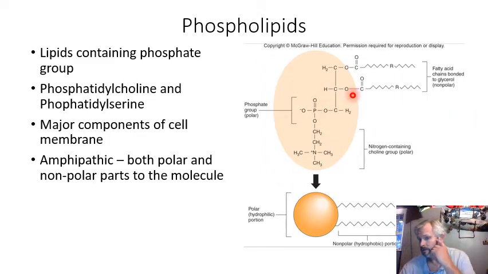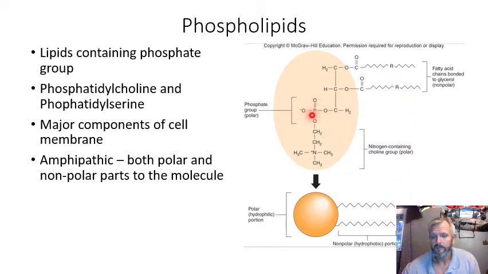And one specific type of lipid we want to take note of is phospholipids. You can see a lipid along with phosphate, so you can see there is a phosphate group here. Here's your glycerol backbone. There are two chains of fatty acids, right?